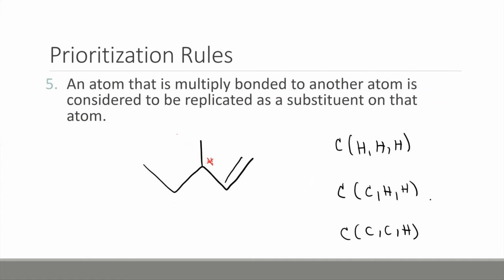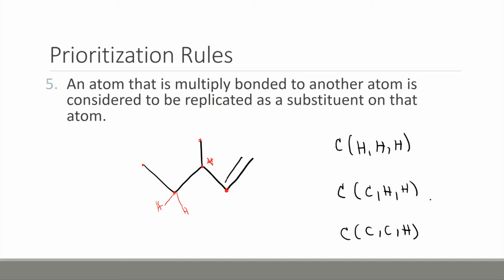Now, if you have an atom that is multiply bonded to another atom, it is considered to be replicated as a substituent on that atom when you're counting its attachments. So here, again, we have our chiral center. This carbon at the top is attached to 3 hydrogens. This carbon has an attachment to another carbon up here and 2 hydrogens down below.